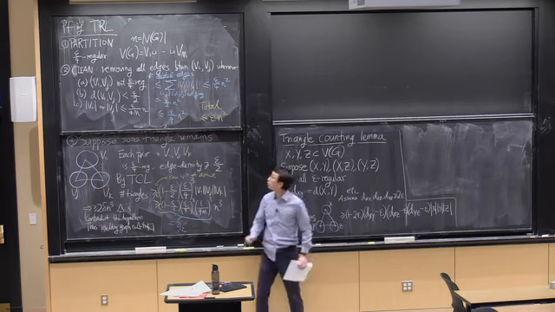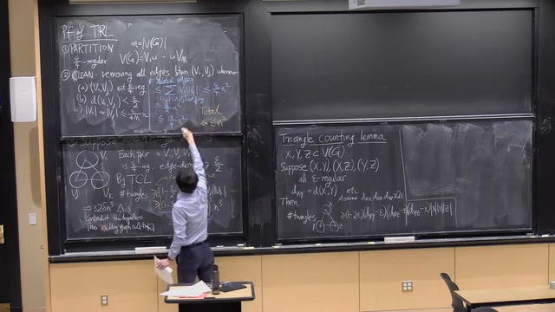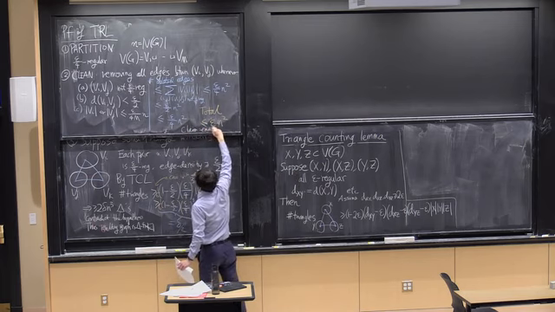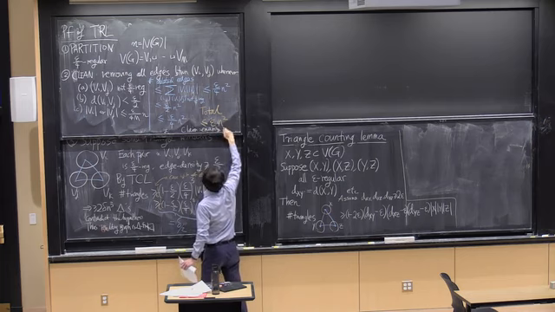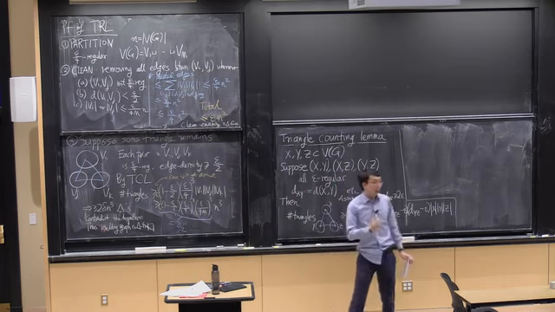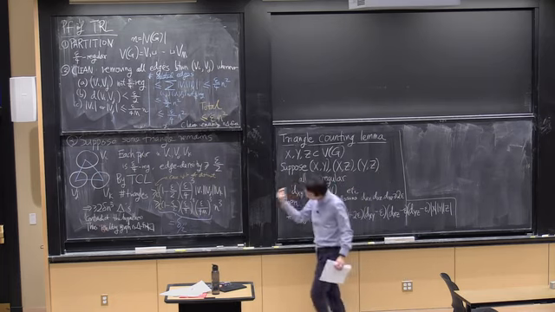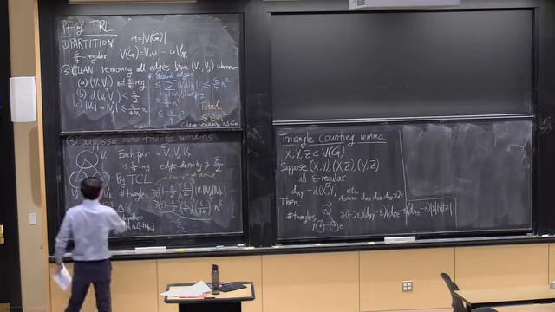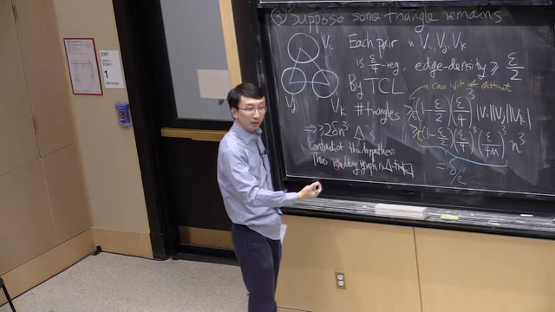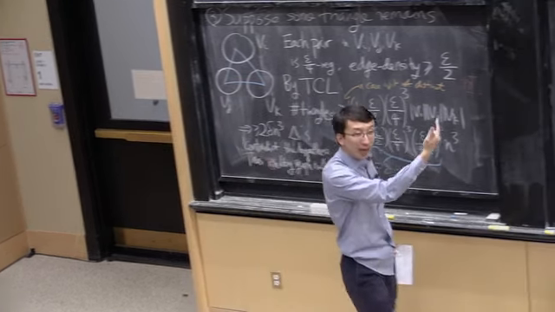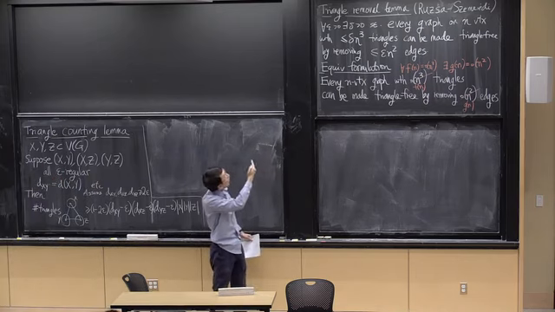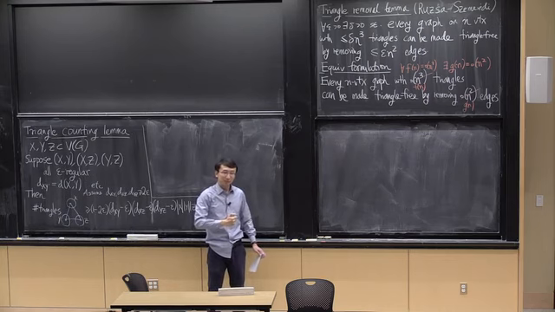And now I claim that after this step, the remaining graph is triangle free. If it were not triangle free, then, well, it has some triangle, and the triangle counting lemma would tell me there are lots of triangles. And that would contradict the hypothesis where we assume that this graph G has a small number of triangles.